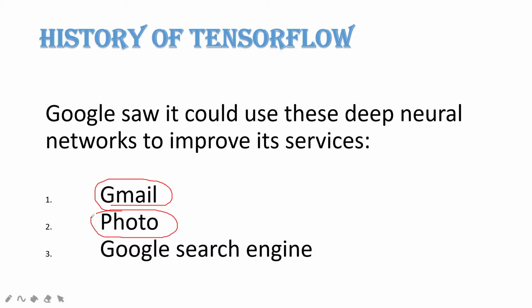In Google Photos, they automatically assign an index to each face: your friend's face, your parents' face, your own face. Based on that index, it is working under deep neural networks only. I already told you about the Google search engine too. These are some of the history points you need to know.